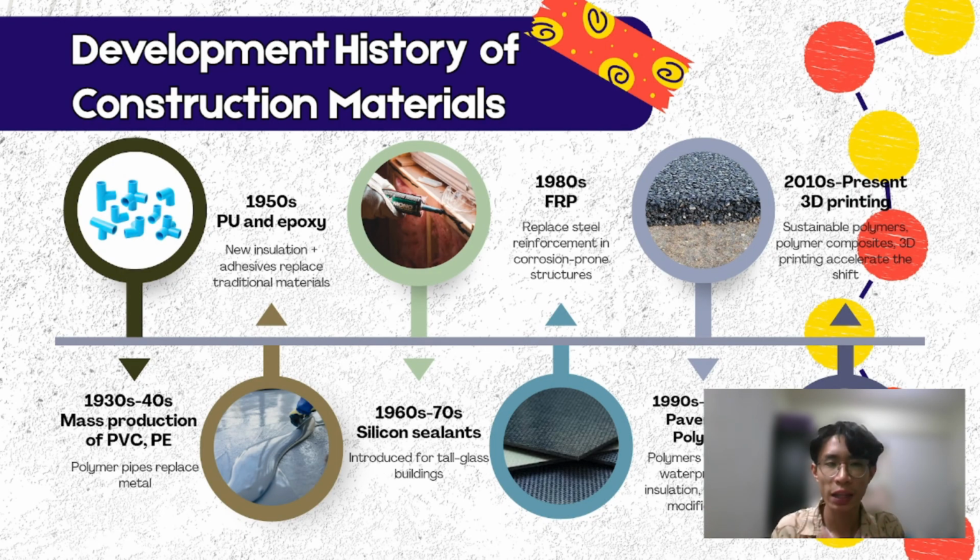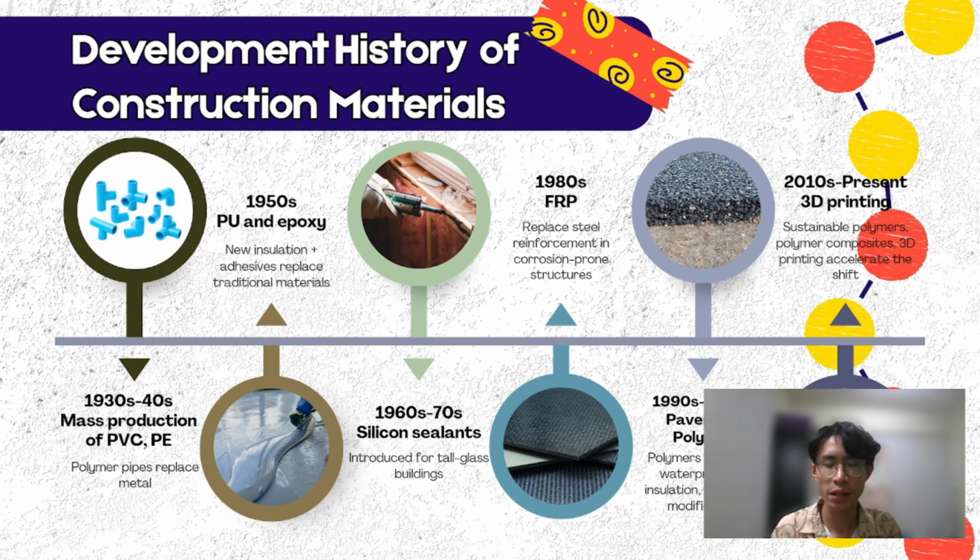Then in 1950, PU and epoxy were introduced into the real world. They were used to replace the old materials for new insulation and enhancing purposes for flooring and roofing.